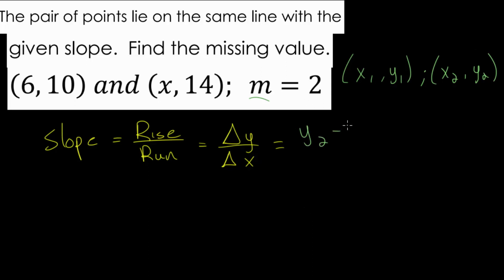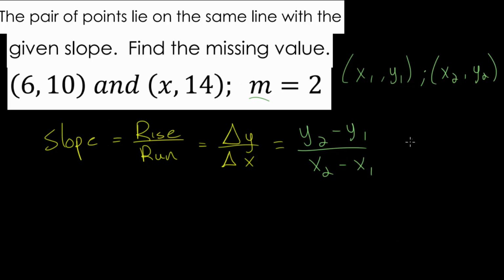We do y2 minus y1, and the change in the x values similarly will be x2 minus x1. Now be careful with this formula. You can put either y1 or y2 first, but you need to be consistent. If you put y2 first, then you need to put x2 first. Likewise, if this was y1, then this would have to be x1 minus x2. So just be careful with your order here.